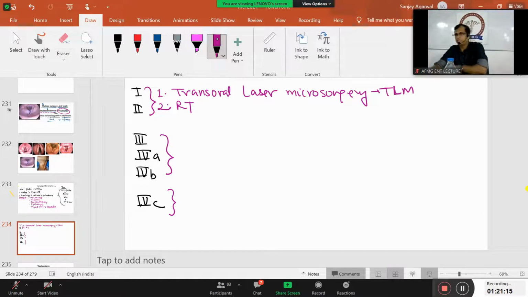In short, it's called TLM. So look for this term TLM. If this name is given, it is a better answer. If it is not given, then of course radiotherapy is accepted. Okay?